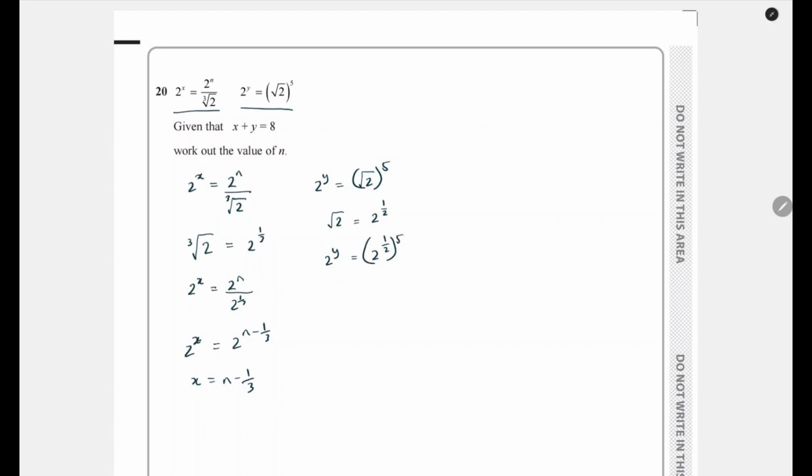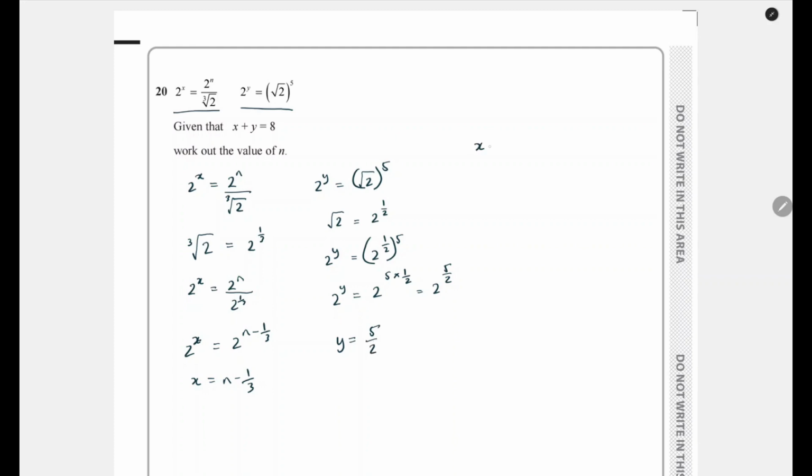Now, using our rules of indices, we know that if we have indices that are outside the bracket, we multiply our indices together. And so we have 2 to the power of y is equal to 2 to the power of 5 multiplied by half, which gives us 2 to the power of 5 over 2. Now, as the bases are the same, we can say that y is equal to 5 over 2.